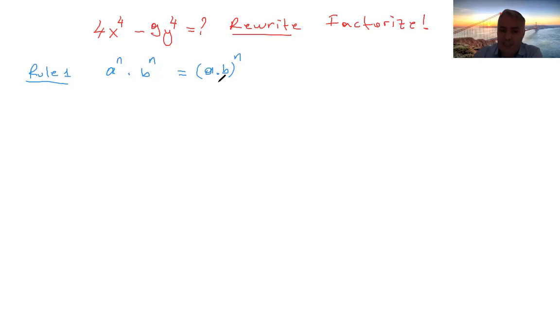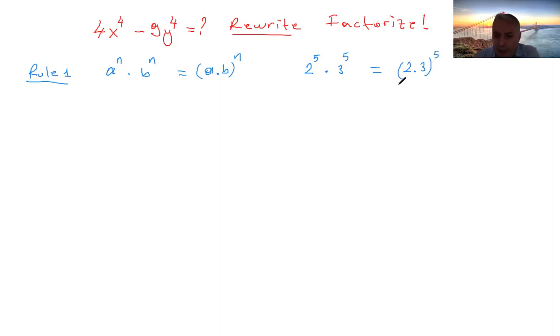If you have the right side, you can say the left side. For example, if you have 2 to the power of 5 times 3 to the power of 5, the bases are different, but the powers are the same. So what can you say? Product of the bases, 2 times 3, and the common power, which is 5.